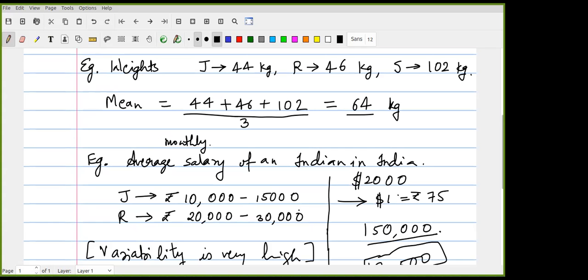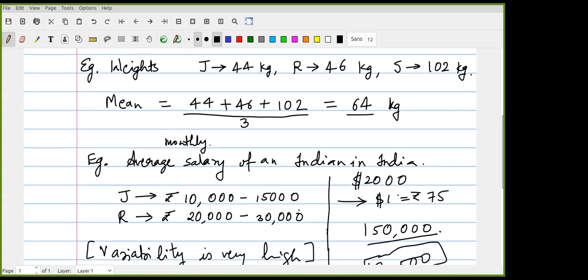Now, I can give you, on the same lines, a good example of where average will be a good method to work with. For example, we all eat chapati or roti or fulka, whatever we call it, and it is made of wheat grain, right? If we take the weight of a grain, even that will not have much variability.